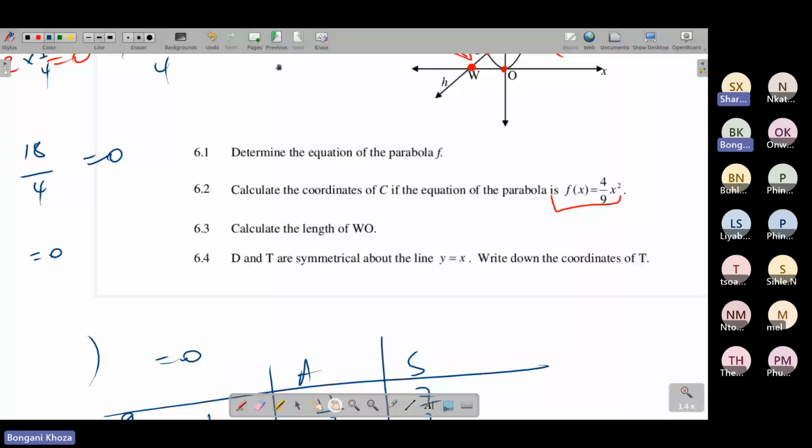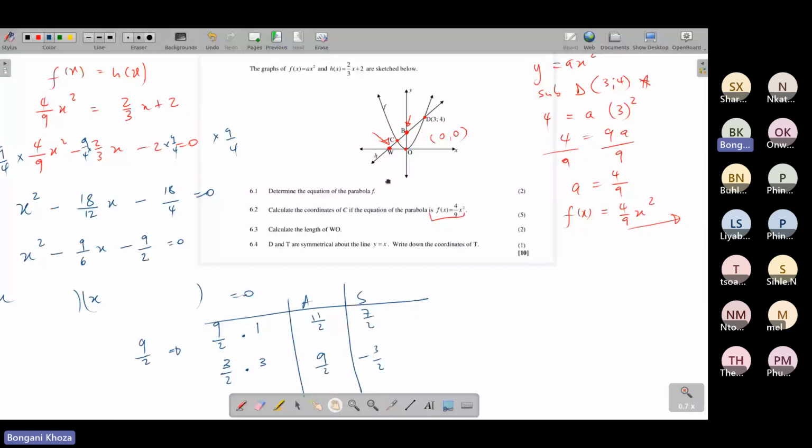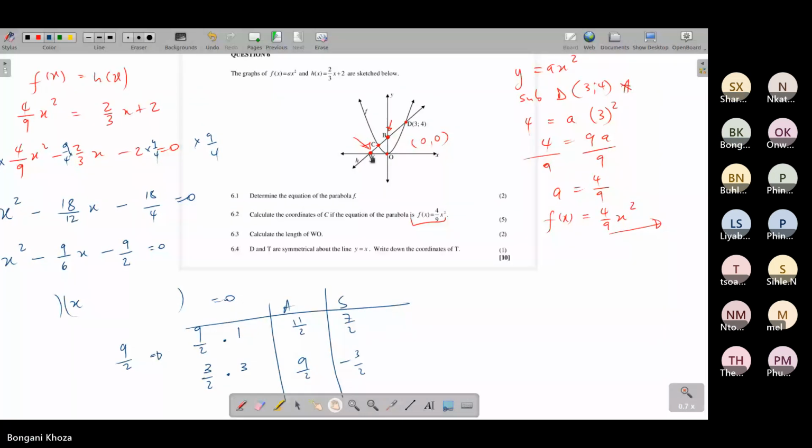We're looking for the coordinates of C. That means we need to get the coordinates of W here, the coordinates of B over here, and then assume that it's in the middle of those two. Let's try it and see if that point actually falls on the line.